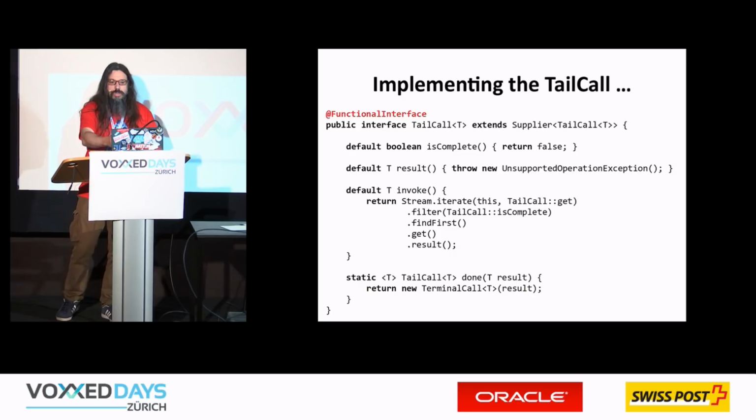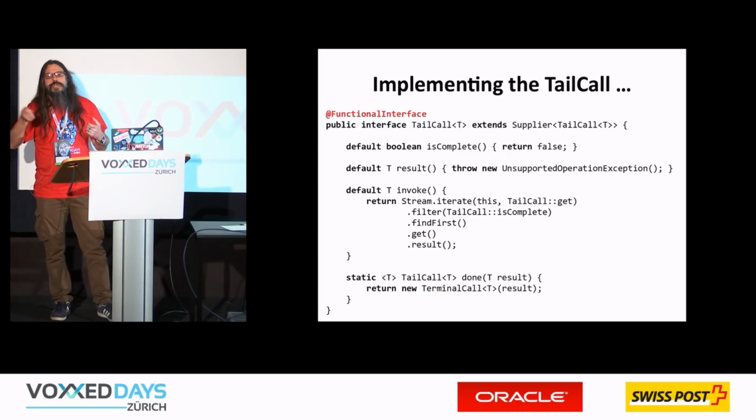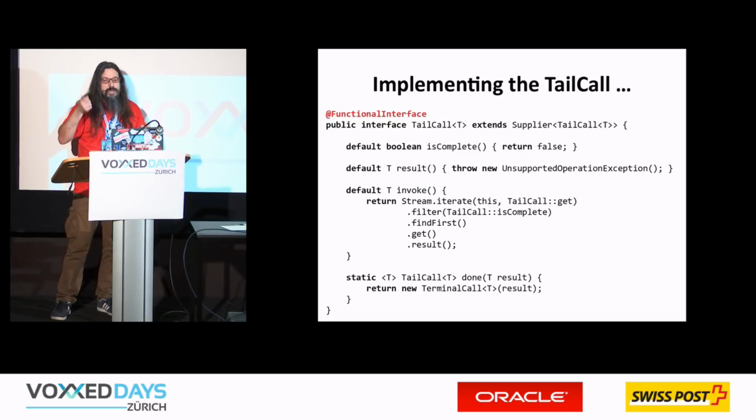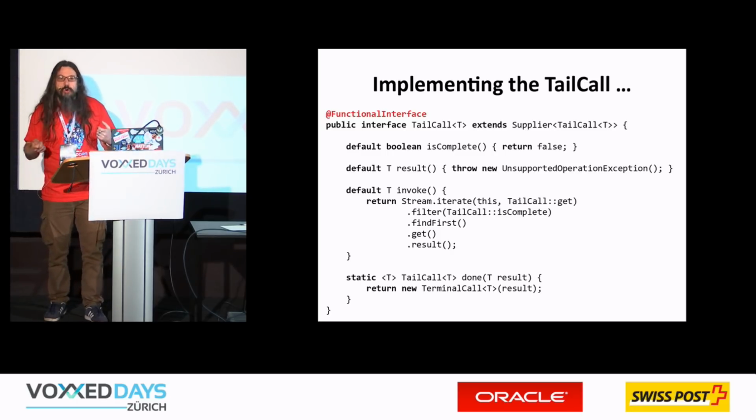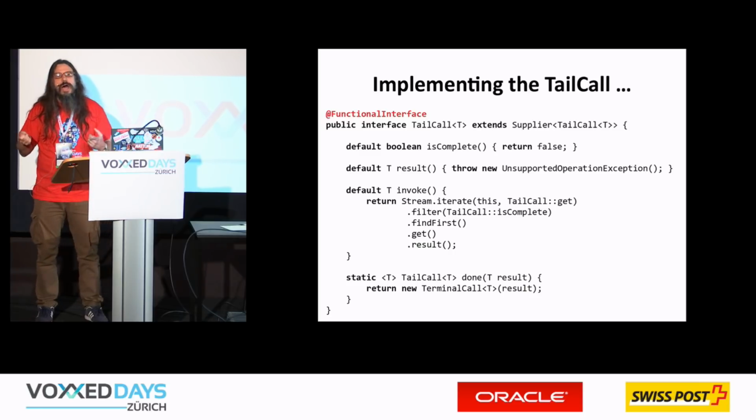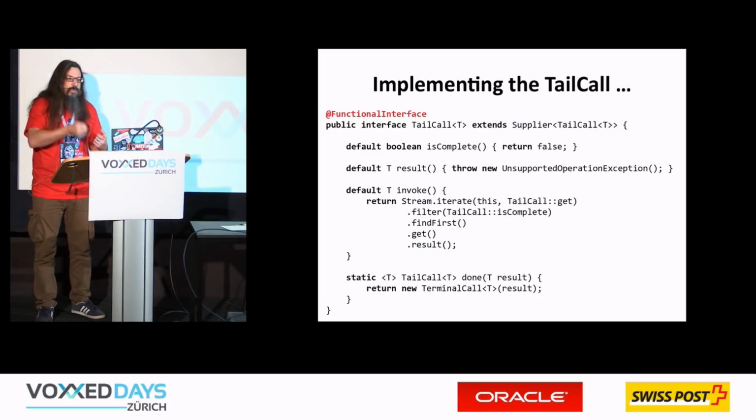If you see what I do in the invoke method, I'm lazily iterating this potentially infinite list of functions until I find one which is complete, which will be the terminal tail call, and on that one I can say give me the result.